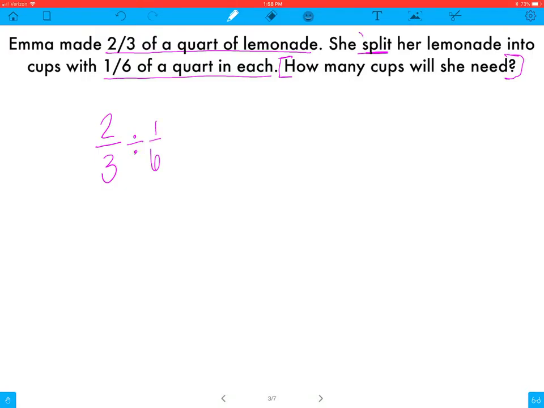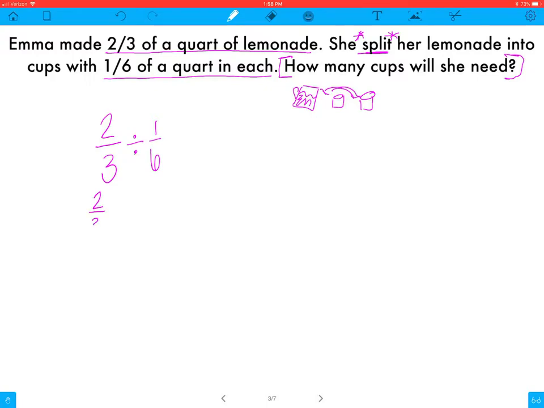So I'm imagining this pitcher that holds 2/3 of a quart, and it's pouring it into each glass. I'm dividing that lemonade into individual glasses. I mean, even when I'm describing it, I use the word divide, division. That's what I'm imagining.